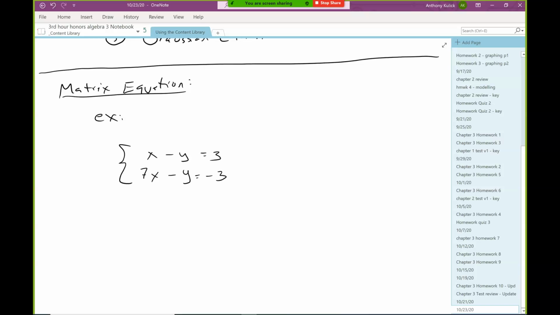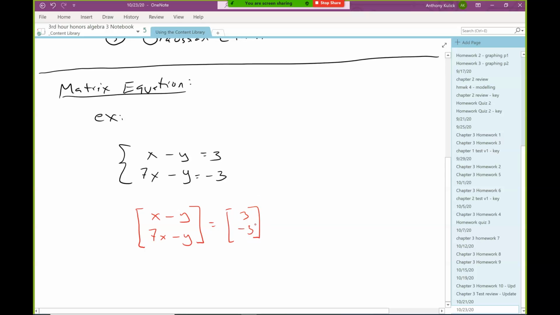So what I'm going to do is treat the left-hand side of this system as one matrix and the right-hand side as a second matrix. So this is a 1 by 2.